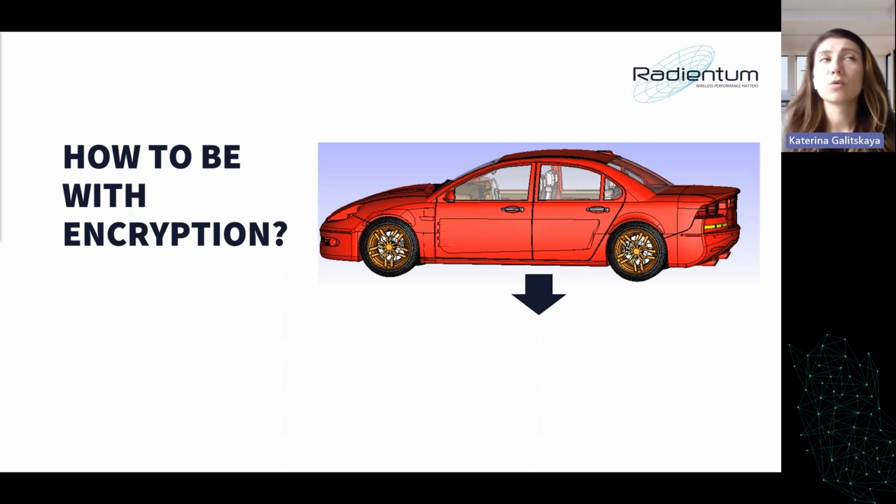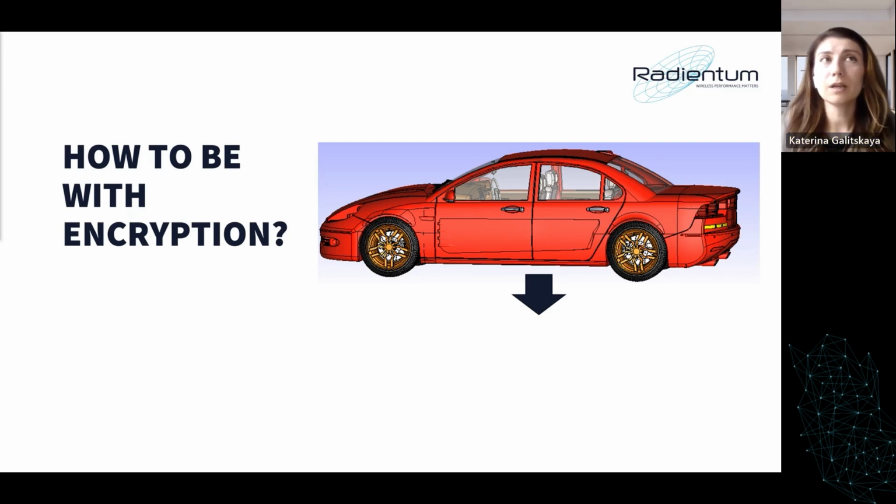Of course, automotive companies don't want to just share their newly developed car models left and right. They want to keep it secret before the release. And that's where we can have encryption.